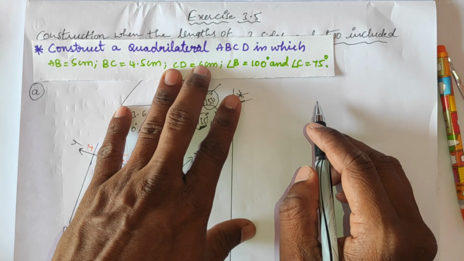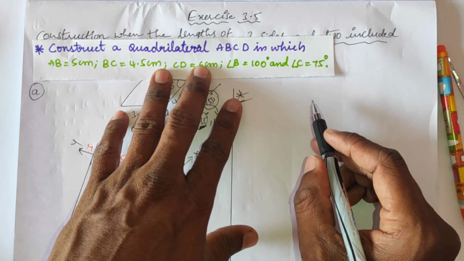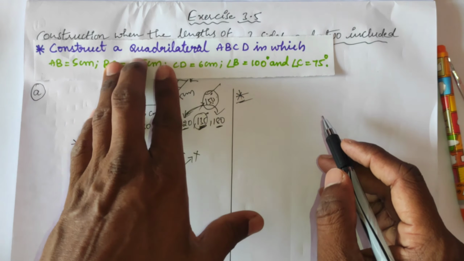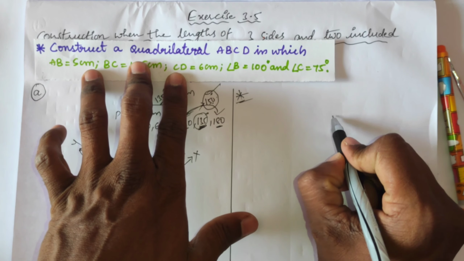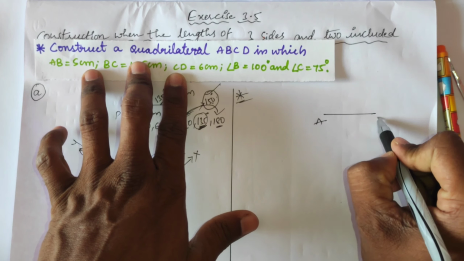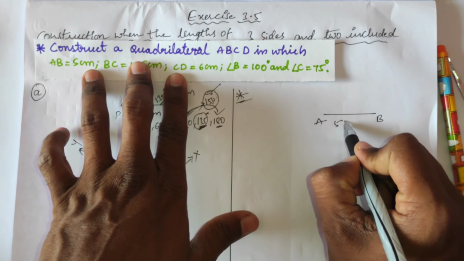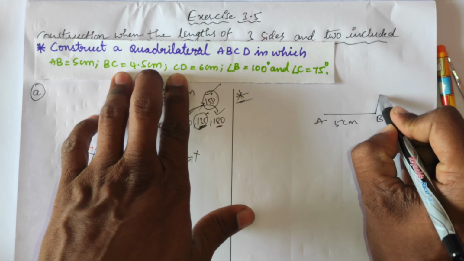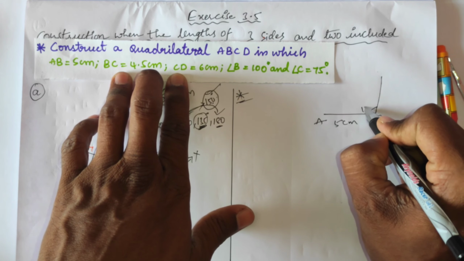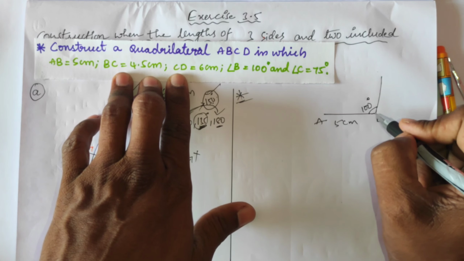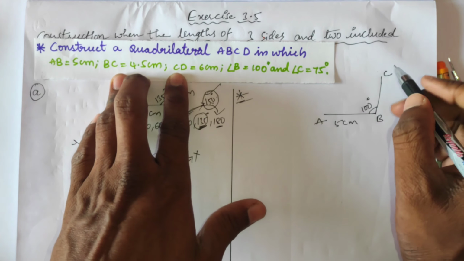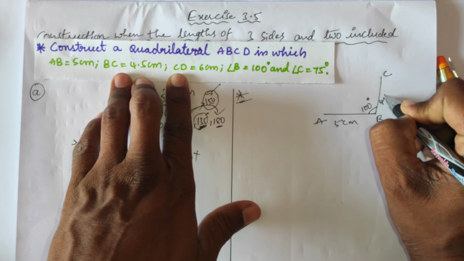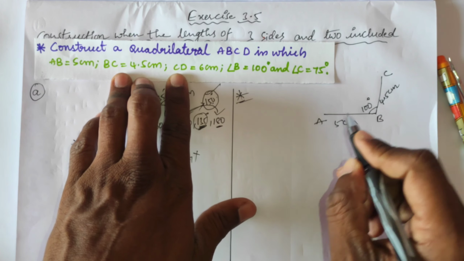So first we'll draw a rough sketch for this given data. So ABCD, the measure AB is given as how much? A to B is given as 5 centimeters. And angle B is given as how much? 100 degrees. And BC length is given as how much here? 4.5 centimeters.